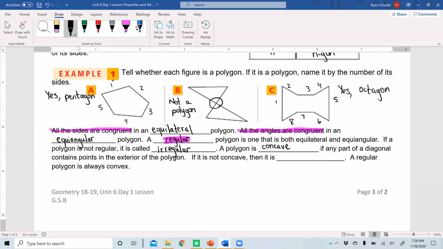So if you try to connect two corners that aren't next to each other and you cross outside the shape, then it's concave. If it is not concave, then it is called convex.